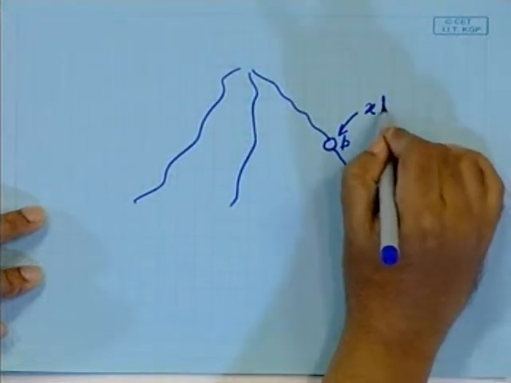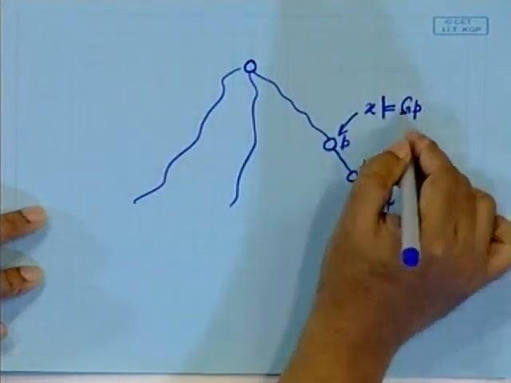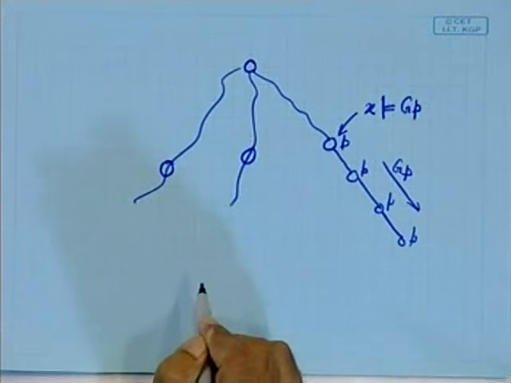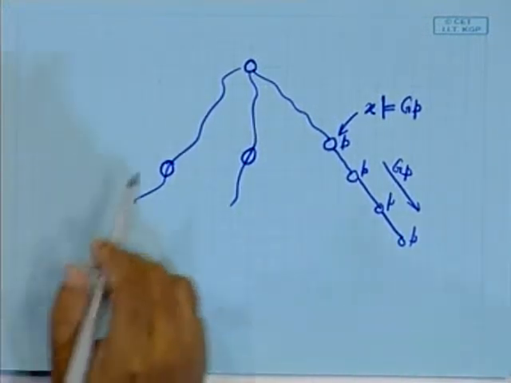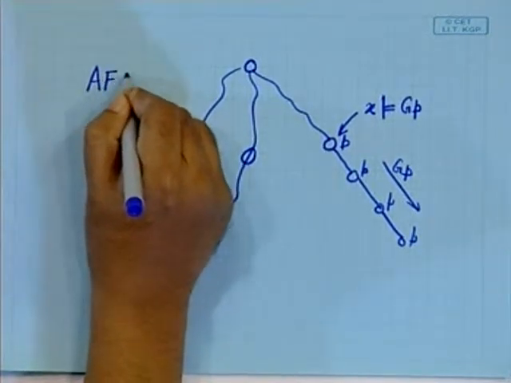So, x models GP on this path, and such an x must be there in all paths, from where in future P holds. You might say that why is this not equivalent to AFAGP?